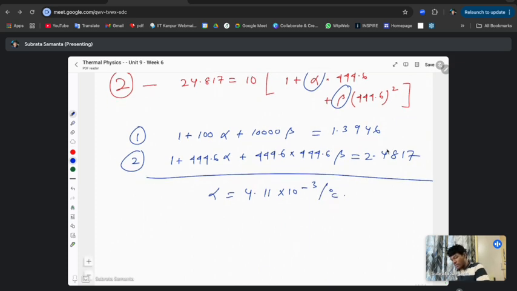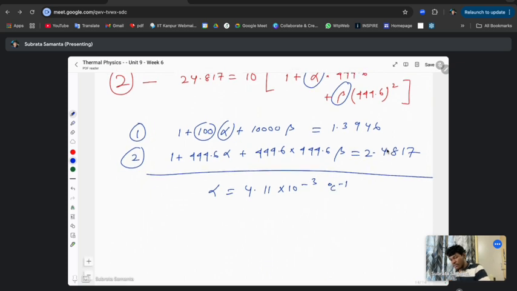Alpha must be per degree centigrade because the term is dimensionless. Writing it as degree centigrade inverse is a bad way; per degree centigrade is better. And beta is minus 1.65 times 10 to the power minus 6 per degree centigrade squared.